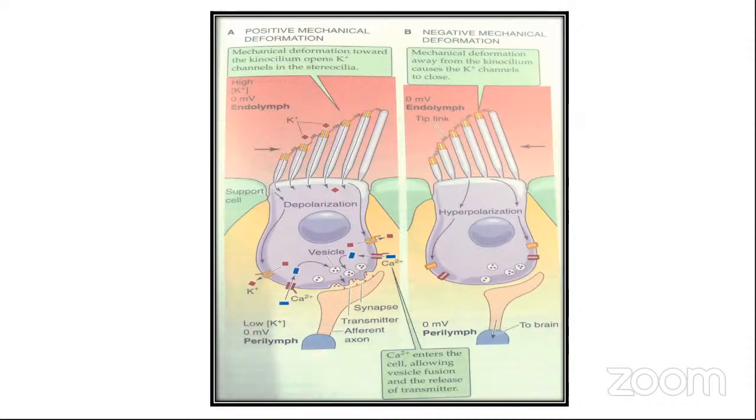The calcium will produce the degranulation of the vesicles, which will cross the synapse, and in the postsynaptic membrane the depolarization is transmitted to the afferent axon. So on the left side there is depolarization, and on the right side there is hyperpolarization.